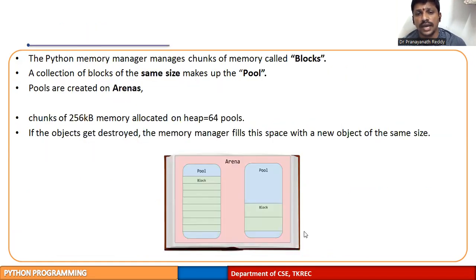If you look at the diagram, we are covering three concepts: arena, pool, and block. We'll see them one by one. The Python memory manager manages chunks of memory called blocks. Blocks are the base of the memory.